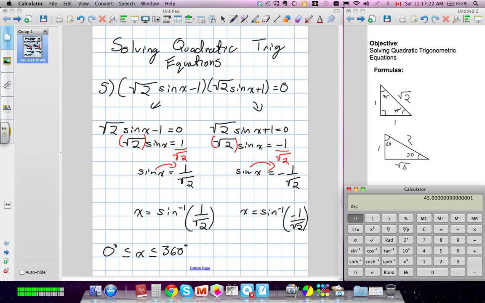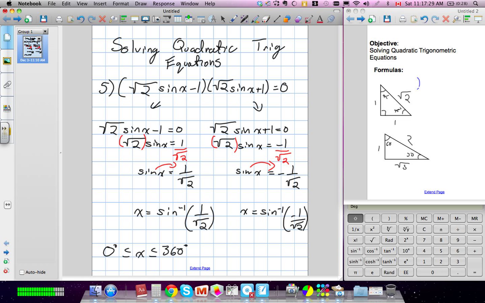Now, the other way I could have solved this is by looking at my special triangles. What I'm doing is looking for what this essentially is. If we were looking for sine x before, say we were just at this step here.